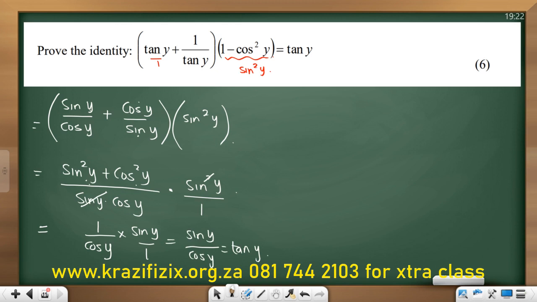I'm still using the same principles we spoke about. Change your identities into simpler ones. And tan can simply be changed into sine over cos. And my 1 minus cos squared y has become sine squared y. Done. Alright, so that's why I changed it. I went back to my own rule.